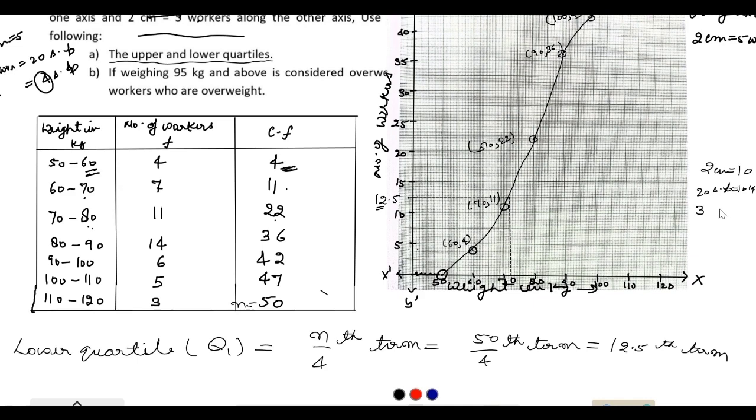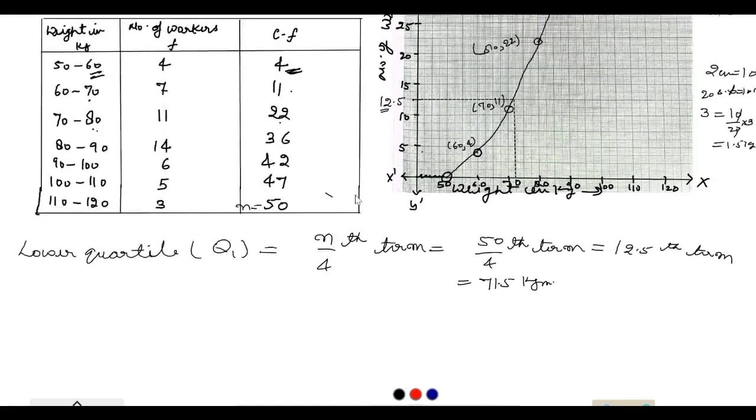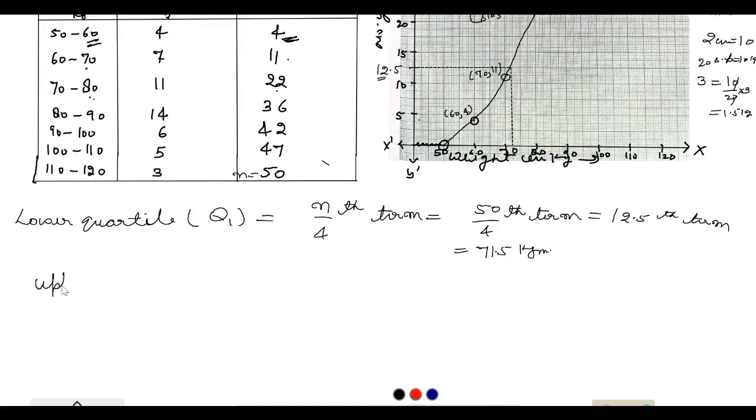Then 3 small parts will be equal to 10 upon 20 into 3 means 1.5 kg. Then 70 plus 1.5, 71.5. Now for upper quartile, that is 3 into n by 4th term.